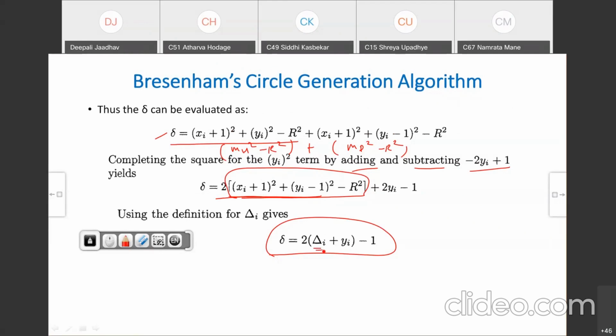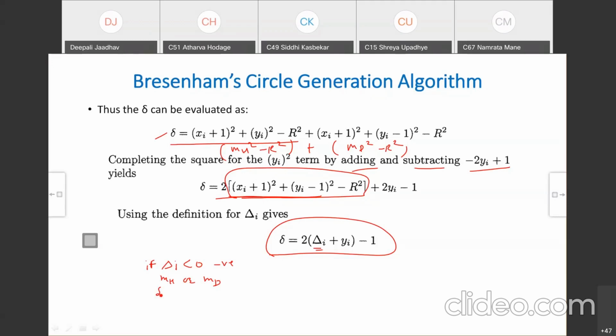Again, remember the first case: if delta I is less than 0, meaning it is negative, then the diagonal point and the horizontal point are both inside the circle. That means we have to select either MH or MD. How do we select between MH and MD? For that we calculate the delta, which is MH minus MD.